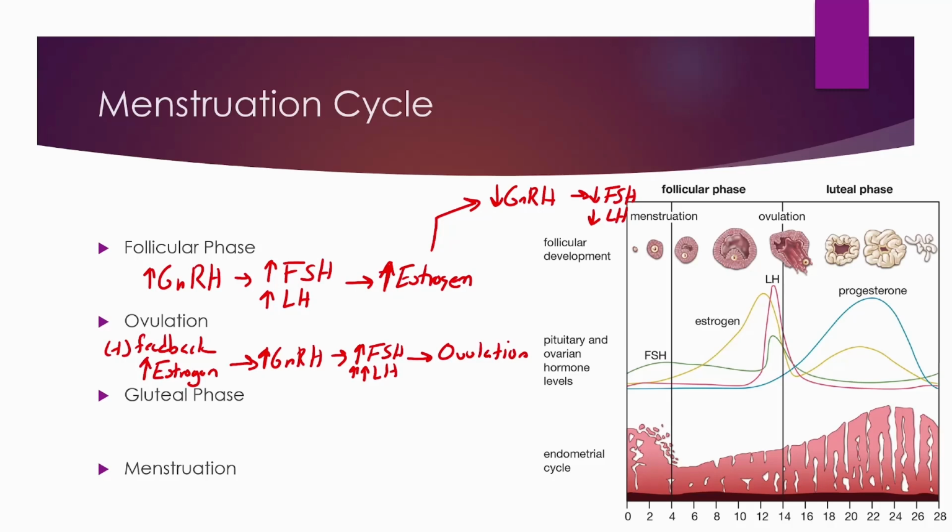The high levels of progesterone cause negative feedback on GnRH, FSH, and luteinizing hormone, preventing the ovulation of multiple eggs. I'm so sorry, I realized just here it says gluteal phase, not luteal phase. But anyways, it's luteal phase, and moving on towards the last step, menstruation occurs.